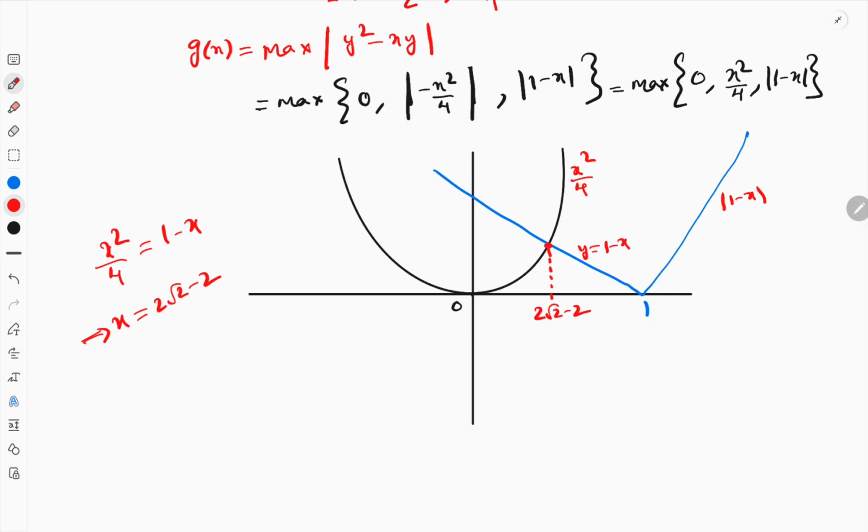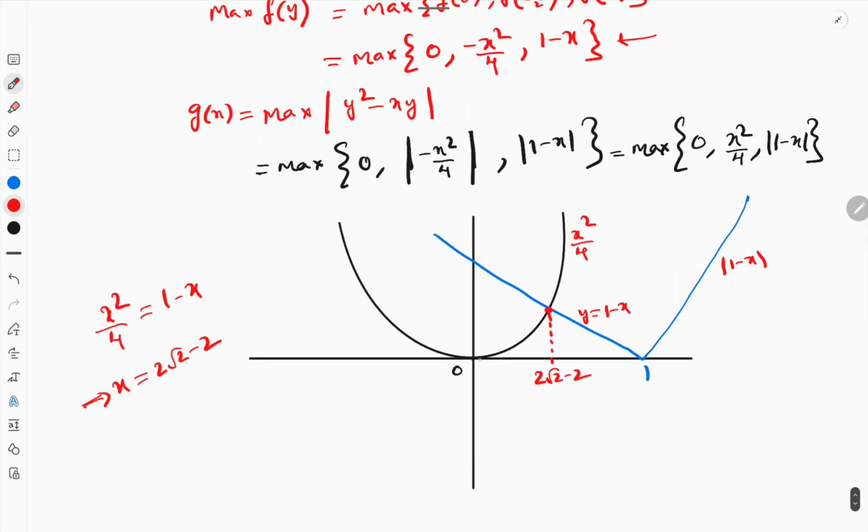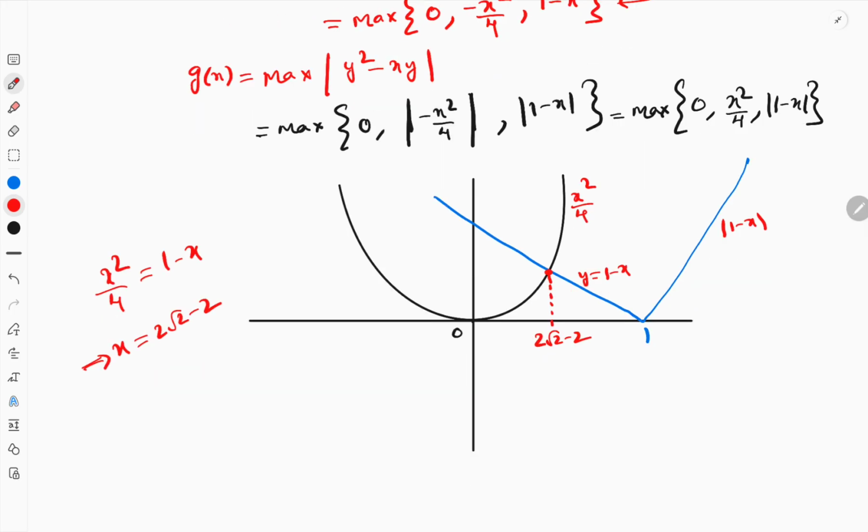So now our graph, our g is the maximum of these quantities: 0, modulus of that is x square by 4, and modulus of x minus 1.